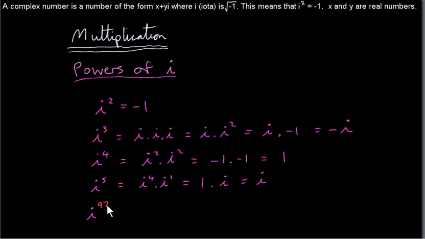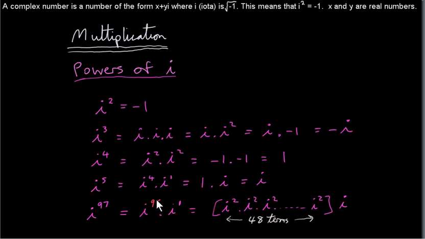Now let's suppose we want to do something more complicated, like get i to the power of 97. Well, we could write this as i to the power of 96 times i to the power of 1. We could factorize it like that, because 96 plus 1 is 97.